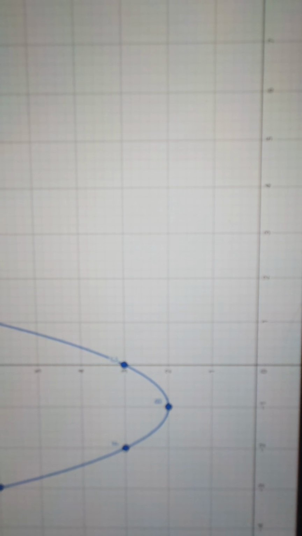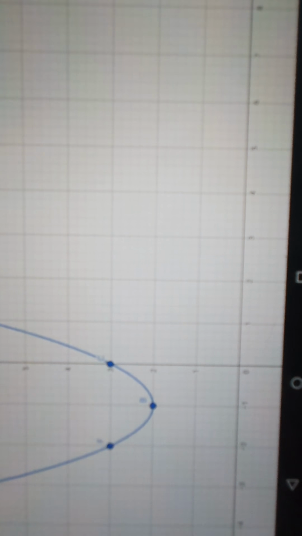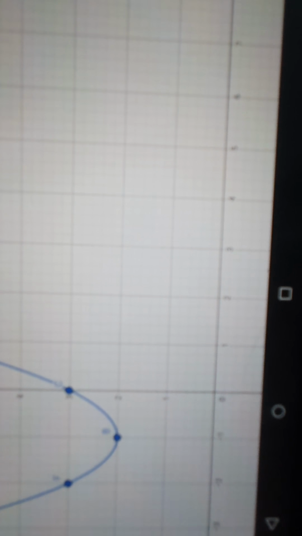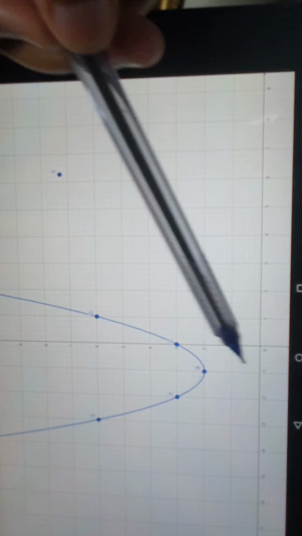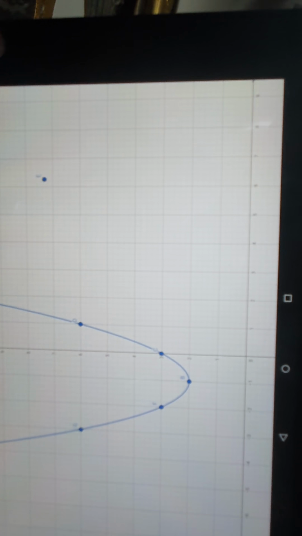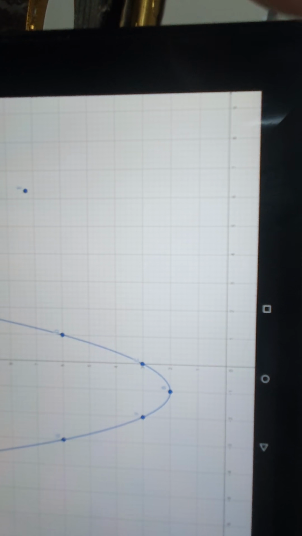Okay, now the next thing they're asking, part D, is to state the y-intercept. Now, the y-intercept of a graph is where the graph cuts the y-axis. Remember, the y-axis is the one that runs up and down. So where does the graph cut the y-axis? At what number?